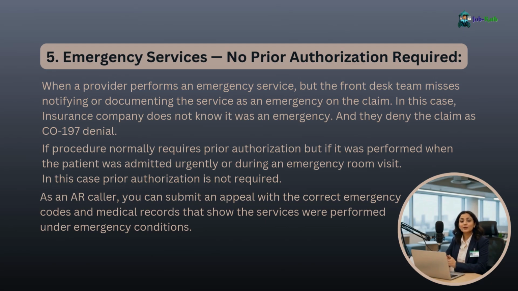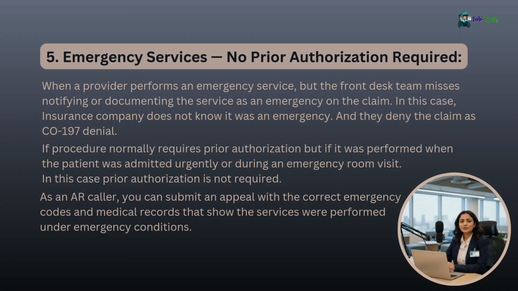The fifth CO-197 denial scenario is emergency services, no prior authorization required. In the U.S. healthcare system, emergency services do not require prior authorization under federal rules. When a provider performs an emergency service, but the front desk team misses notifying or documenting the service as an emergency on the claim, the insurance company does not know it was an emergency, and they deny the claim as CO-197.